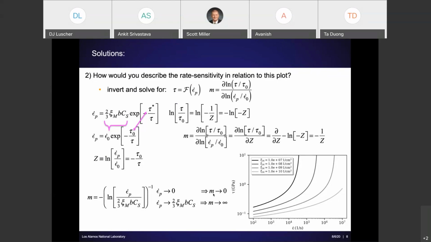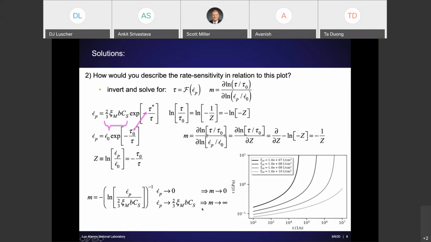Whereas if we take our strain rate to this maximum upper bound strain rate of 2/3 the mobile dislocation density times B times the shear wave speed, then the rate sensitivity goes to infinity.